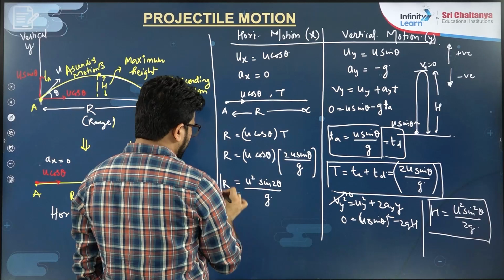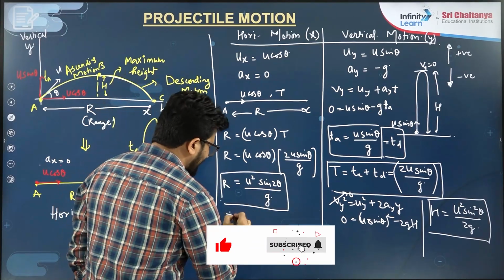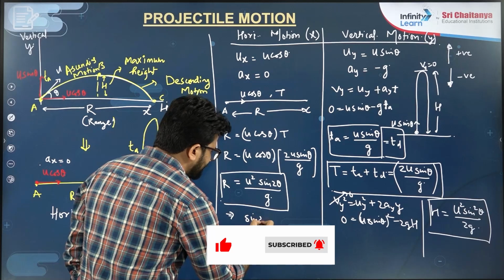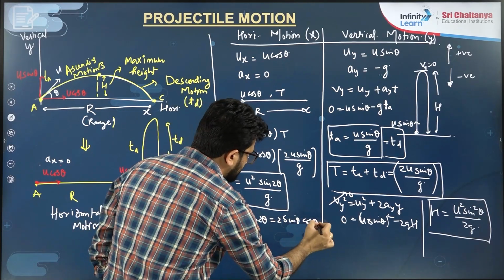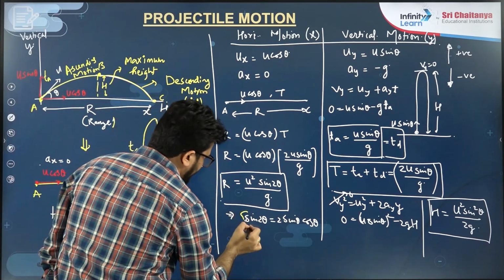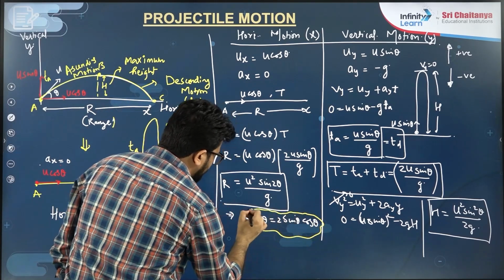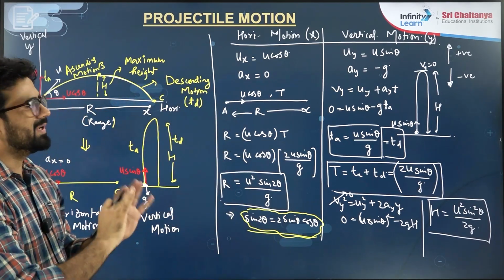I have used one trigonometric identity here, that sin 2 theta is equal to 2 sin theta cos theta. This basic formula I used from trigonometry. You can check this part. Understood?